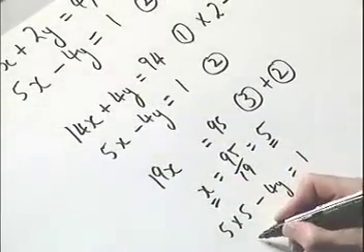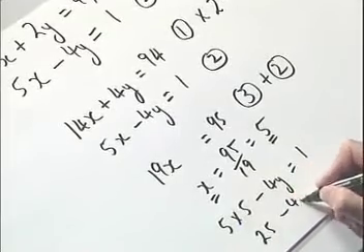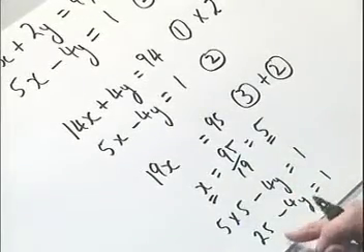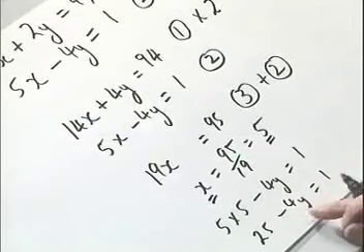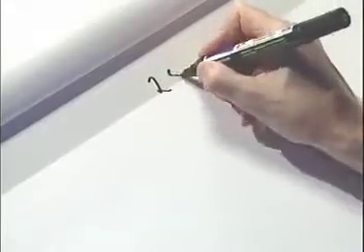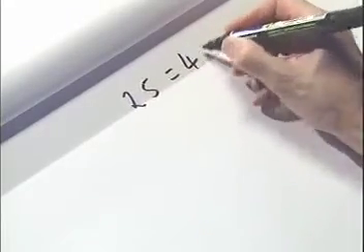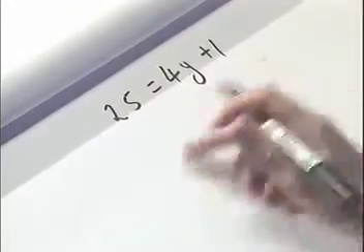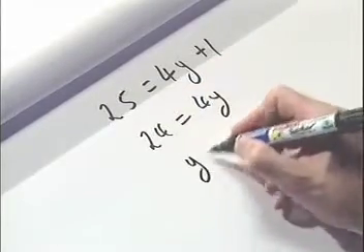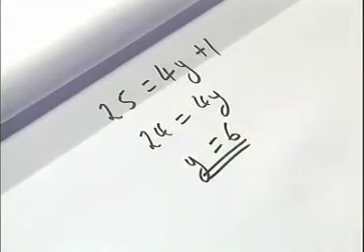And so we have 25 minus 4y equals 1. Take the 4y over to that side by adding 4y to each side. So that will give us 25 is equal to 4y plus 1. Take the 1 away from each side. 24 is 4y, and so y is equal to 6. And we've got exactly the same answer as we had before.